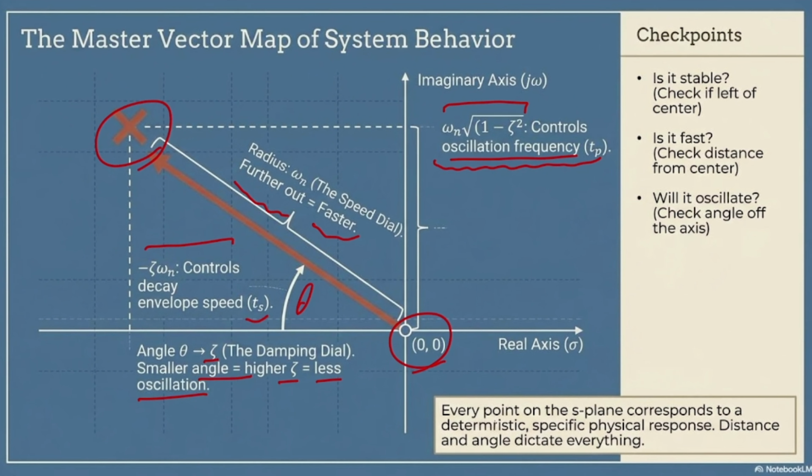So at this point, we are going to answer 3 important questions. The very first one is: is the system stable? As you guys know, if I have my poles on the left side of the S plane, everything is fine, which means my system is stable. Is the system going to be fast?